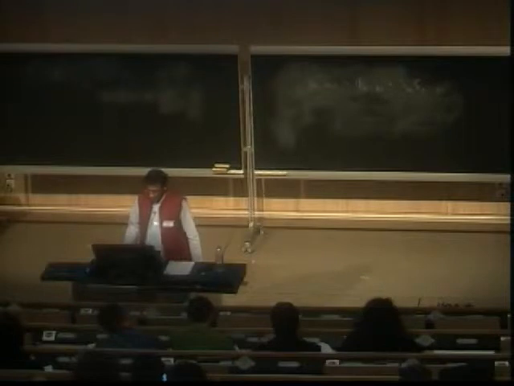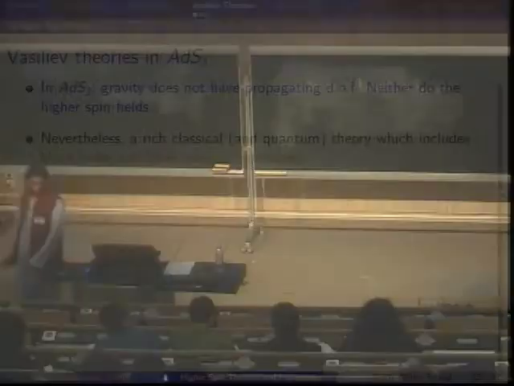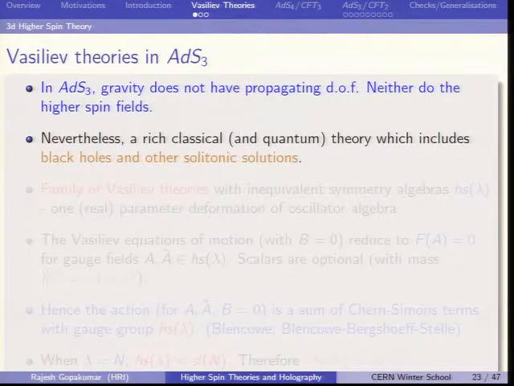But nevertheless, as we know for gravity, there's a rich theory which includes black holes in particular, the BTZ black hole, and we'll see generalizations of that, and also other non-perturbative solutions.